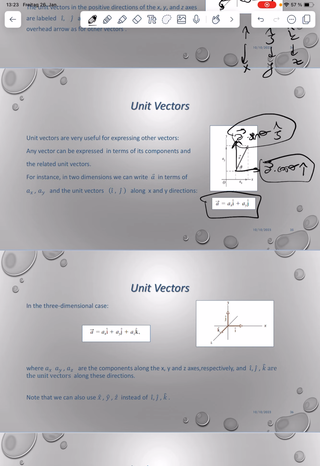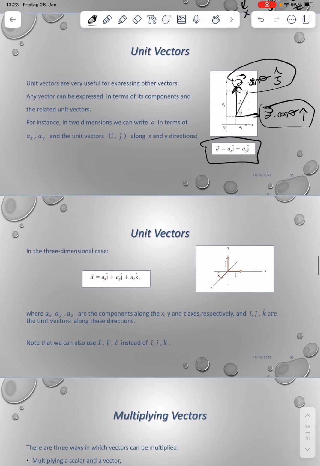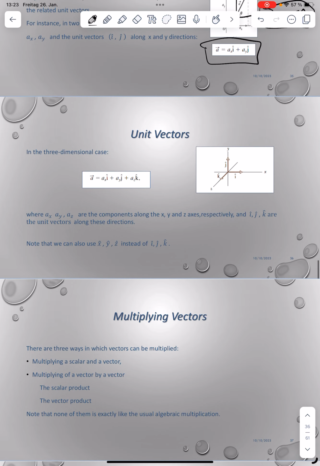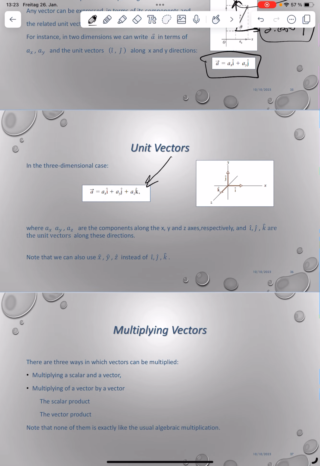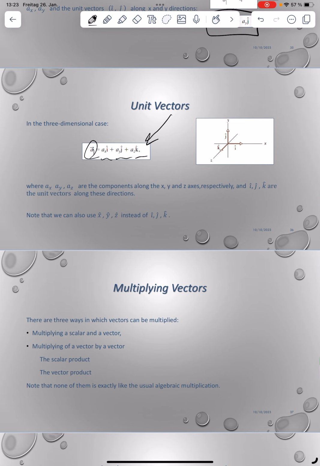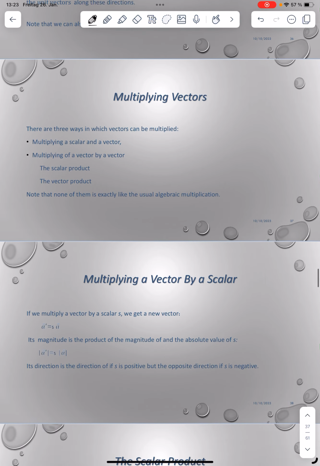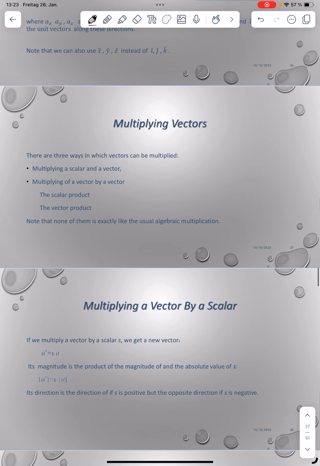If we have z components, we can add k hat, but here we don't need to add them. So I told you we can write the vector with three components: a x i hat plus a y j hat plus a z k hat, as this. And that's all for this video.